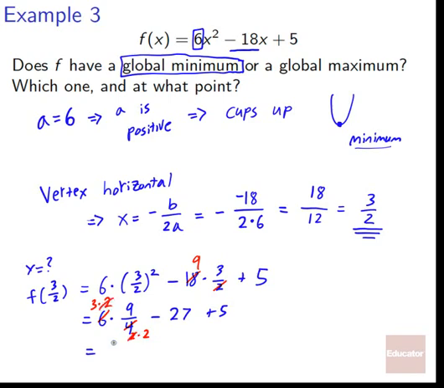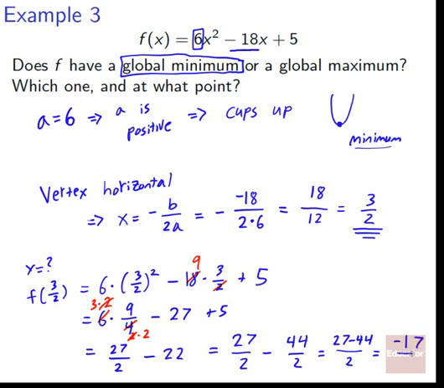And we've got 3 times 9 up top, 27 over 2, minus what's 27 plus 5? That becomes 22. So we put those over a common denominator with 27 over 2. We get 27 over 2 minus 44 over 2. 27 minus 44, and we get negative 17 over 2. So that's our y location. So that means the point where we have our minimum is 3 halves, comma, negative 17 over 2. And there is the point of our global minimum.